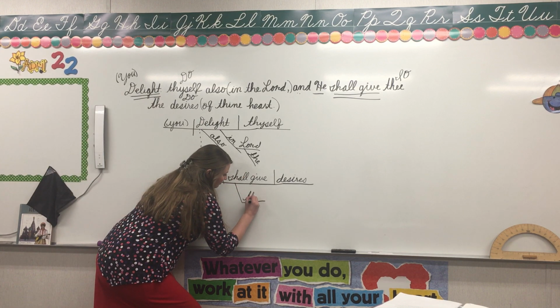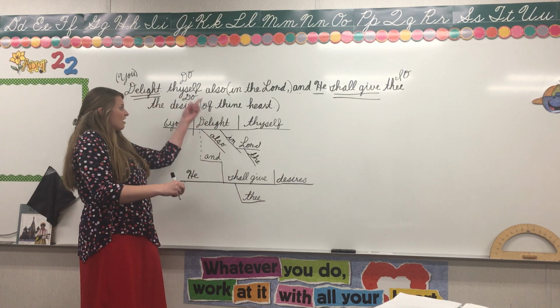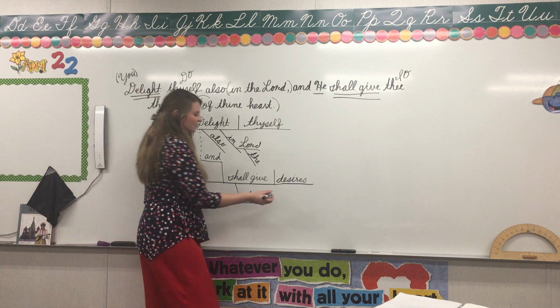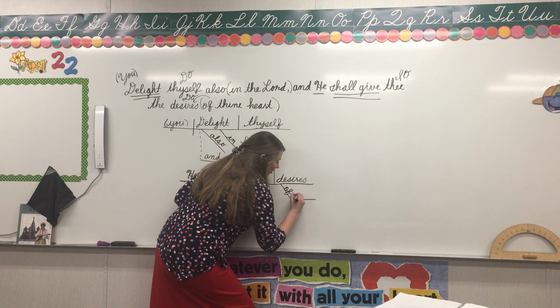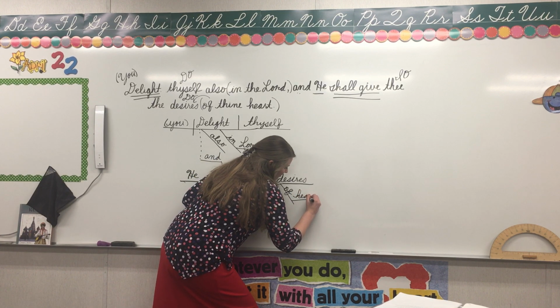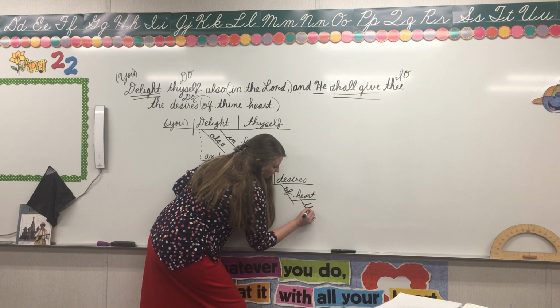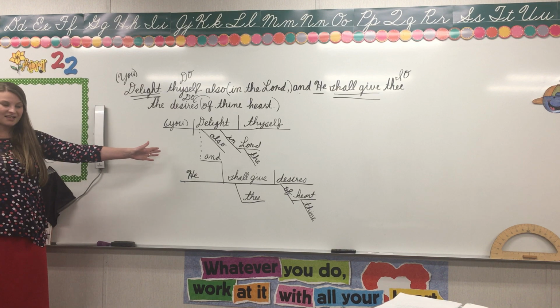Thee. And then the desires of thine heart, it's modifying desires. Our prepositional phrase is modifying desires. So we have of, heart, and then whose heart? We have the adjective thine. There we go. We have successfully diagrammed this sentence.